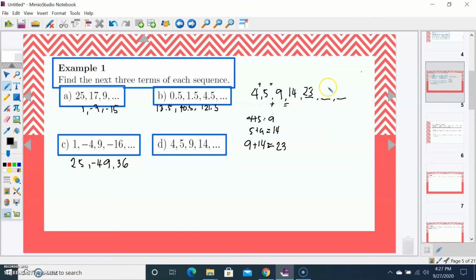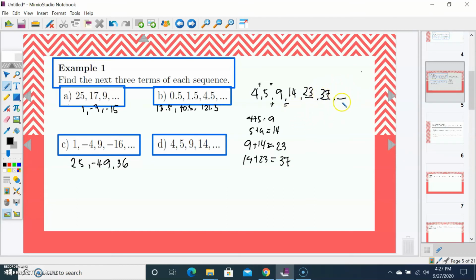To find the sixth term, we must add the two previous terms. Ano ba yung two previous terms bago mag-6, di ba? That is the fourth term and fifth term. So we must add 14 and 23. This will give us 37. So we have 37 as our sixth term.